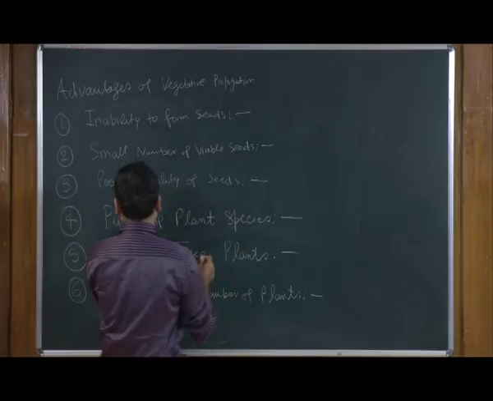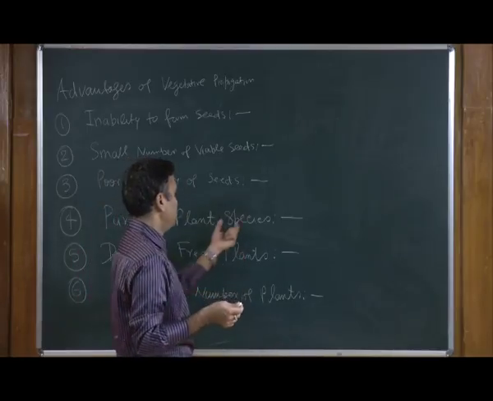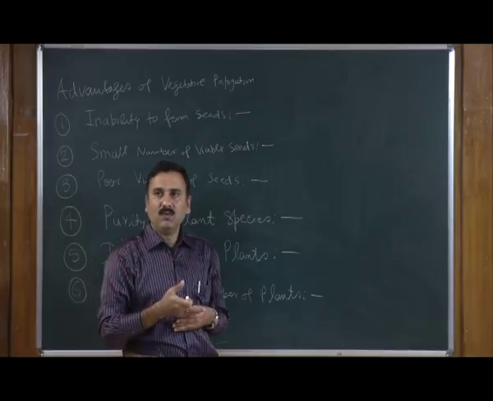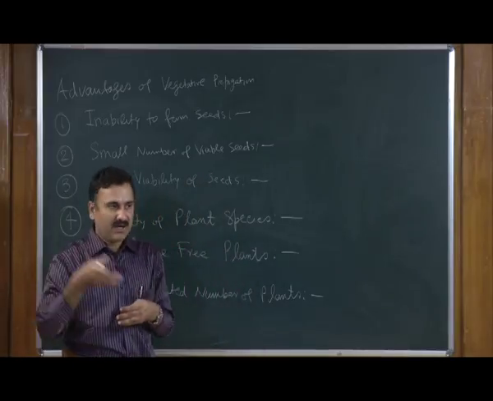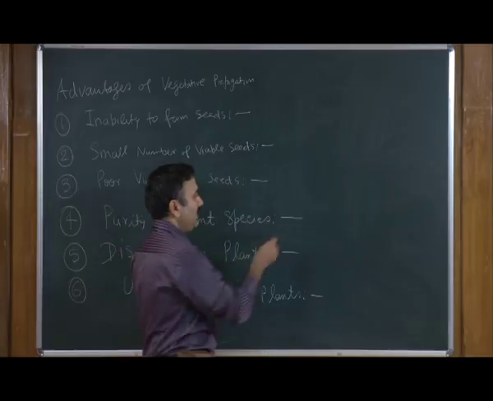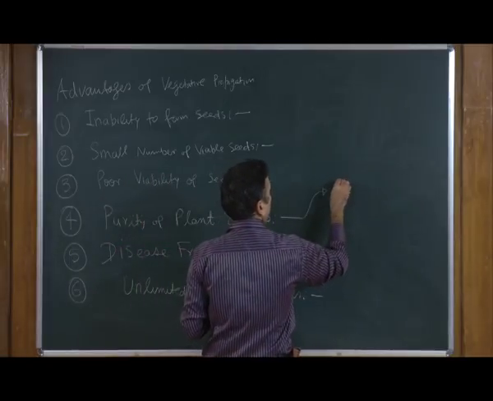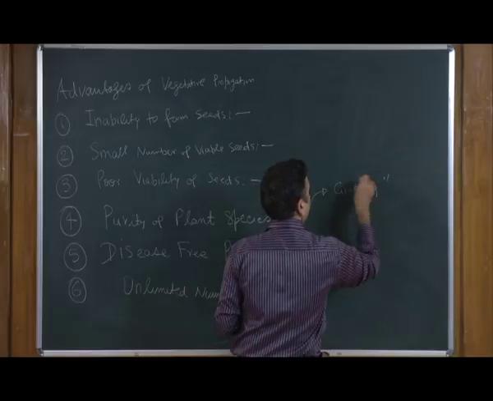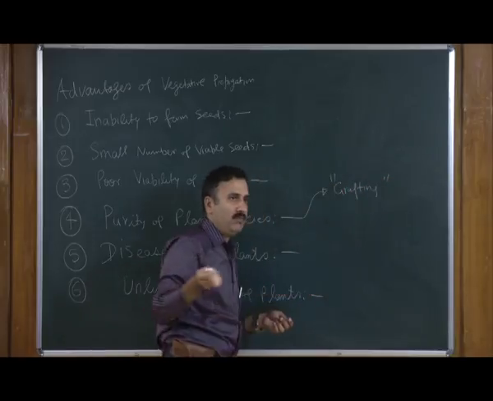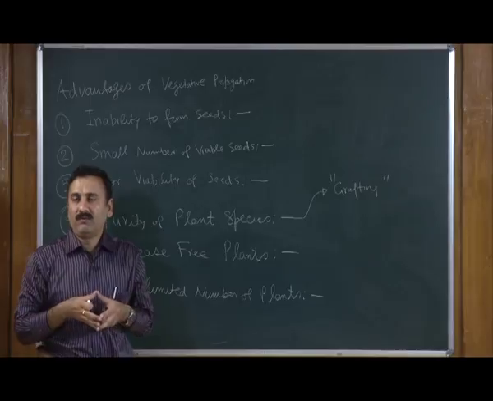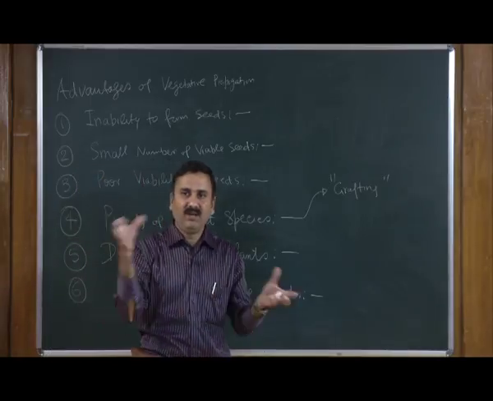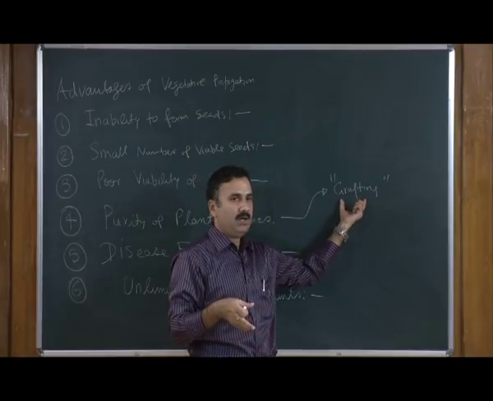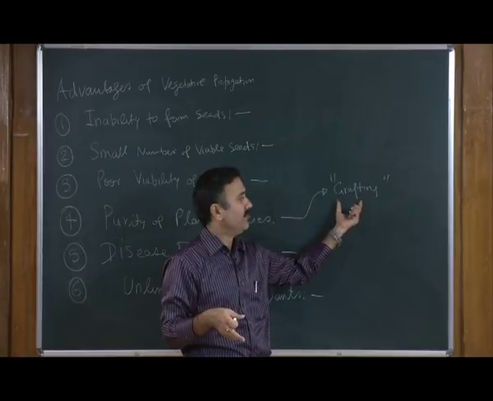Even the purity of the plant species is maintained. If you are really interested in bringing particular traits into a plant species, that actually comes by grafting. So, vegetative propagation allows you to maintain the purity of a particular species, but at the same time it also gives you the flexibility of bringing new traits with the help of grafting.